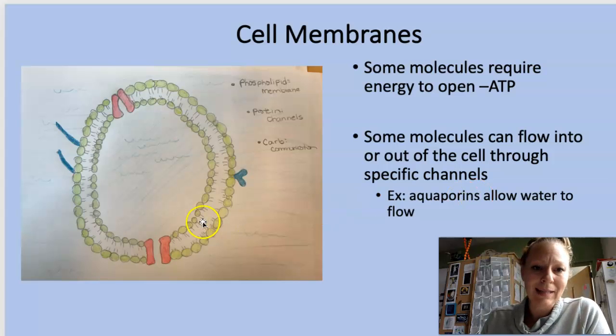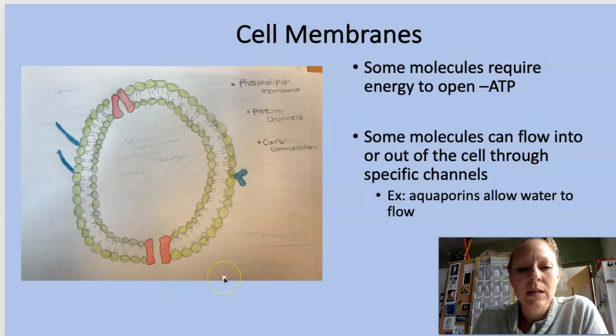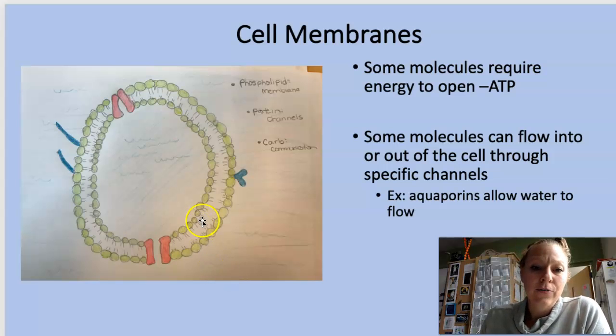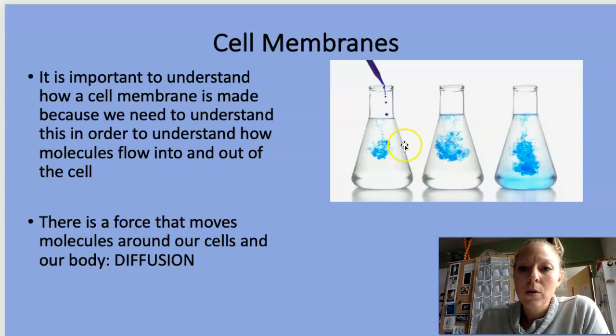And so what is it that allows molecules to flow into and out of this cell? Well, since it's not going to require energy from the cell, it's basically just molecules flowing. We're going to be talking about this a great deal soon. This is diffusion.